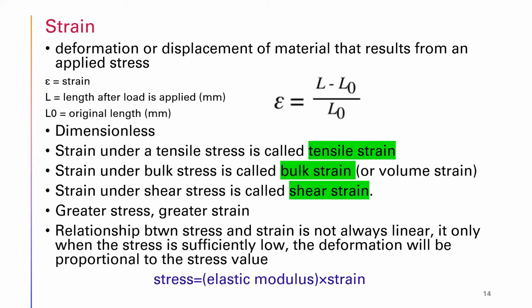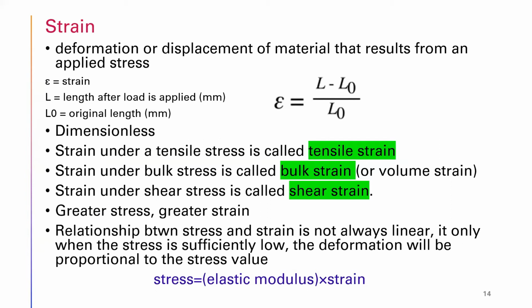Strain. Deformation or displacement of material that results from applied stress. So stress causes strain. Strain is given by the equation: strain is equal to the length after load is applied minus the original length, divided by the original length, or simply the difference in the length before and after divided by the original length.